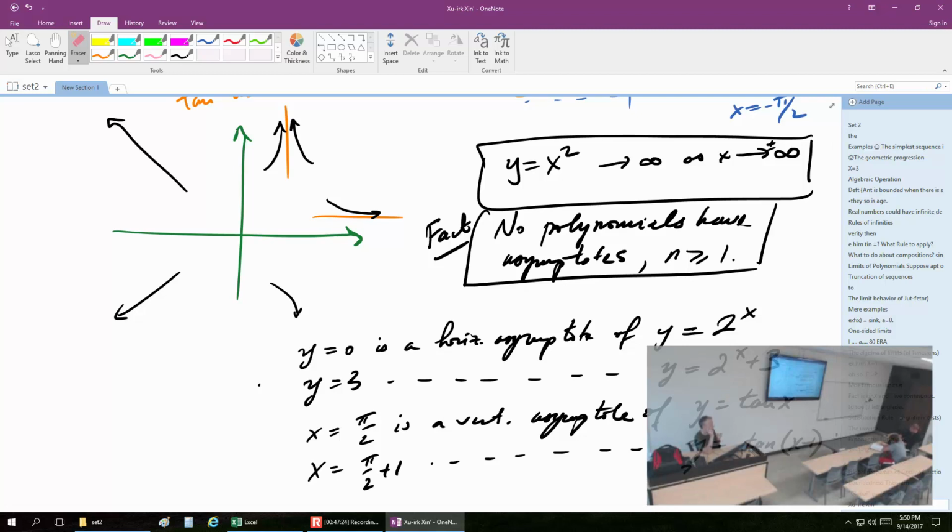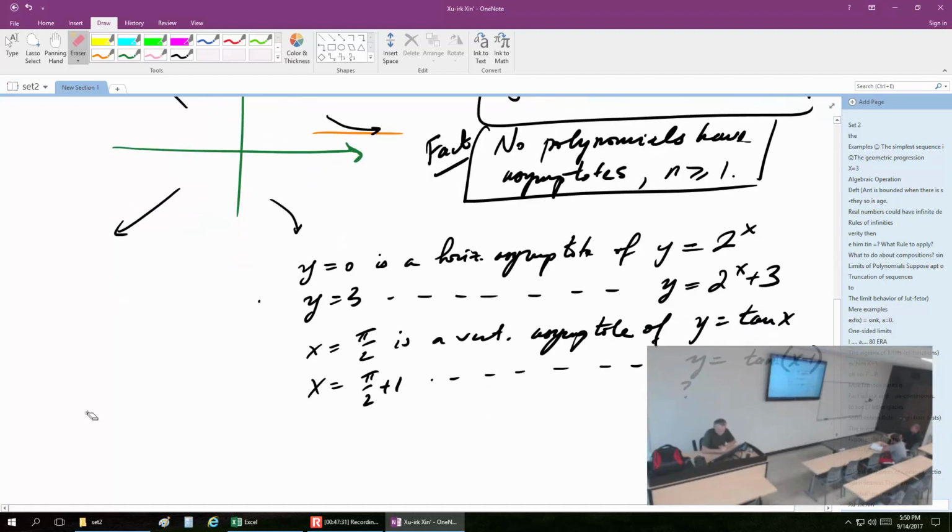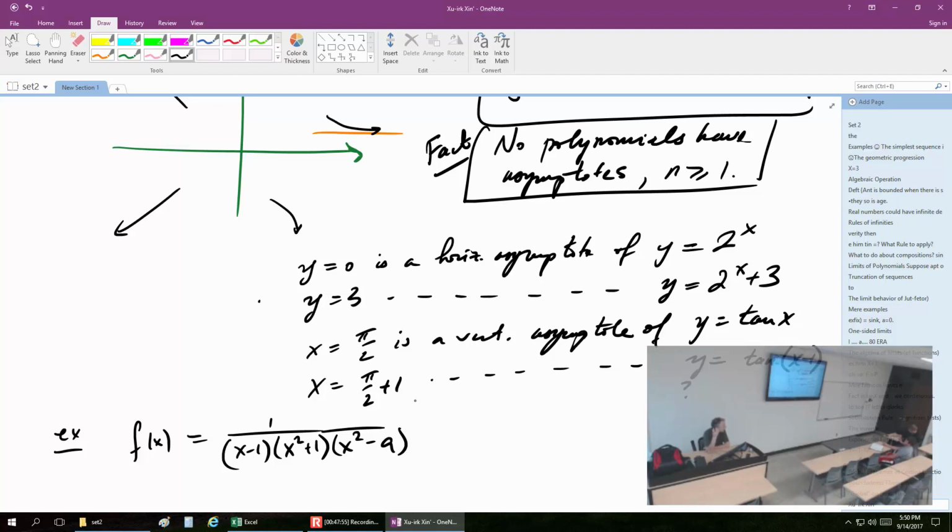Rational functions, let me take a quick look. Whatever the numerator is, it's not important, so I'll just put 1 there. So x minus 1, and typically you can assume that you know how to factor, or it has been factored for you, and then it is the factors of the denominator that will give you the asymptotes.